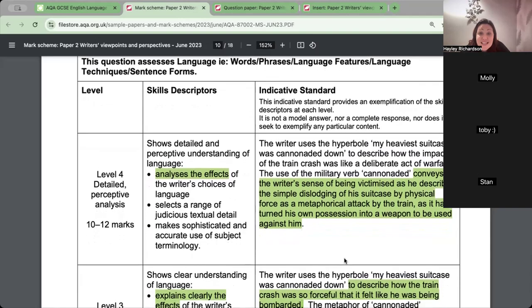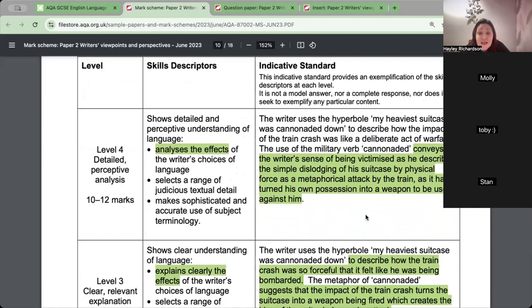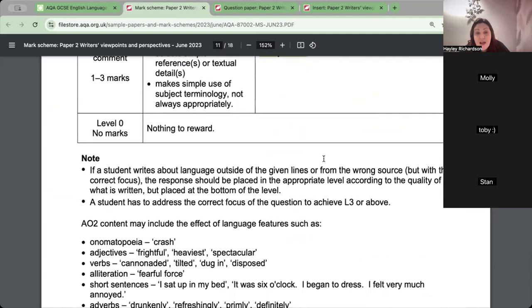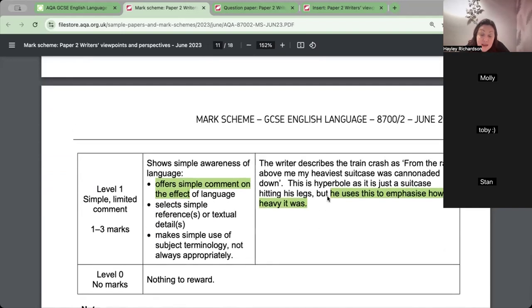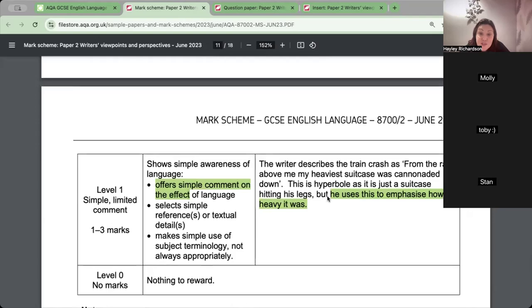So you can see the difference, can't you? This is not a complete response. It says here, it's not a model answer nor a complete response, nor does it seek to exemplify any particular content. So it's not about saying that you have to say these points. It's giving you an idea of how, if we were looking at something like hyperbole, you might use this as an example. Here's an example of naming a language technique.